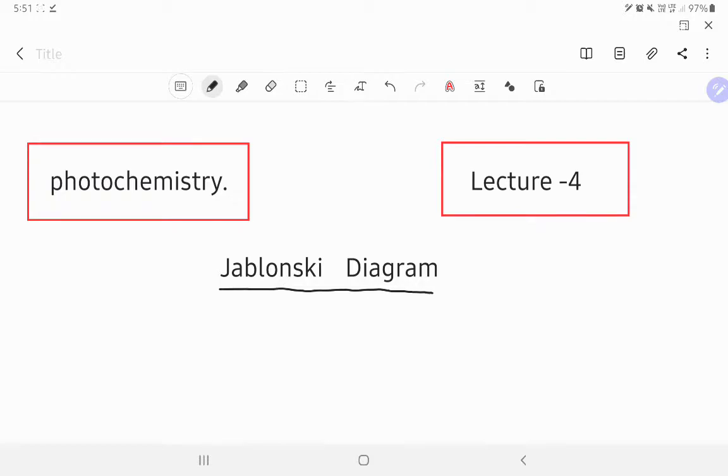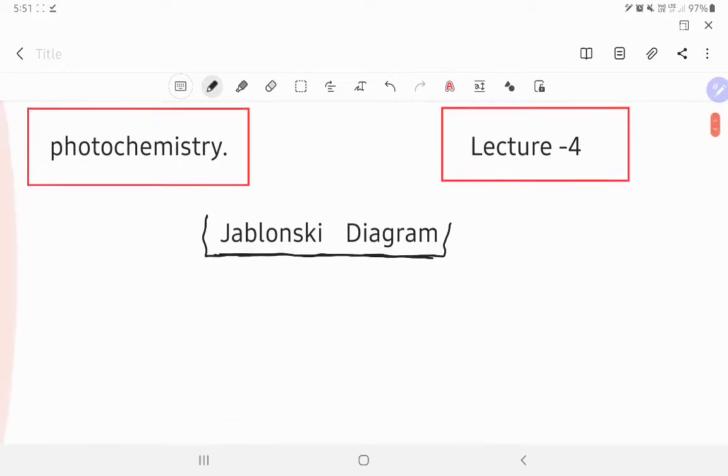Now what happens in the higher energy state? Here we will see only the photophysical phenomena taking place in the excited state, and those phenomena are explained with the help of this Jablonski diagram. This diagram explains all the photophysical phenomena taking place in the excited state.